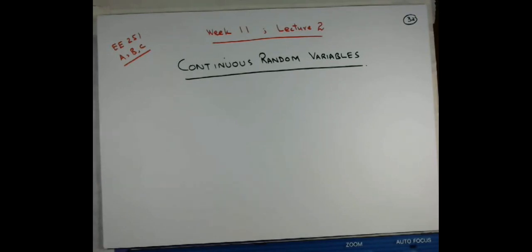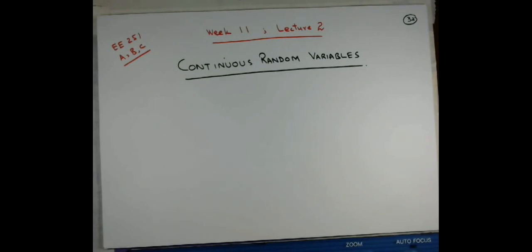So today's lecture will be the basics of continuous random variables, and we will first describe the bridge between discrete and continuous random variables. We have already learned the necessary concepts of discrete random variables.